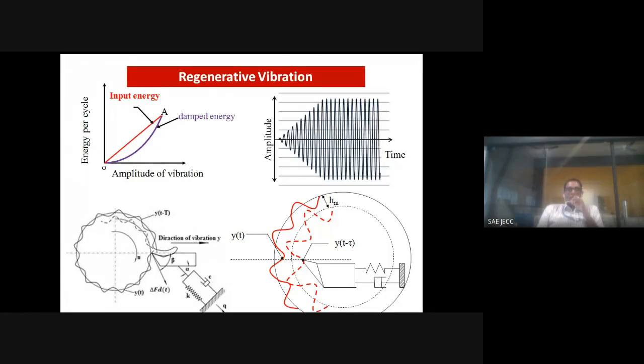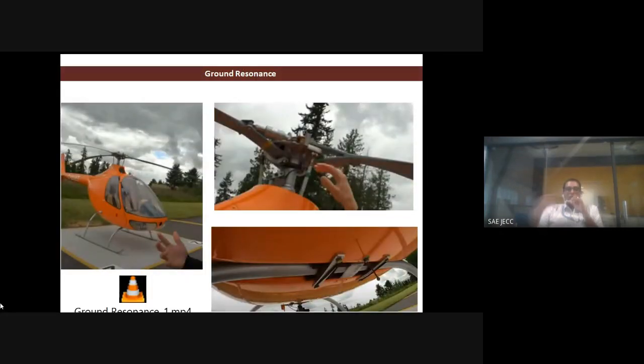Okay, now let us move to the next part, that is ground resonance. We may know that the helicopter, once it lands, there will be ground resonance. You may be familiar with these ground resonance examples that are available on many YouTube videos.